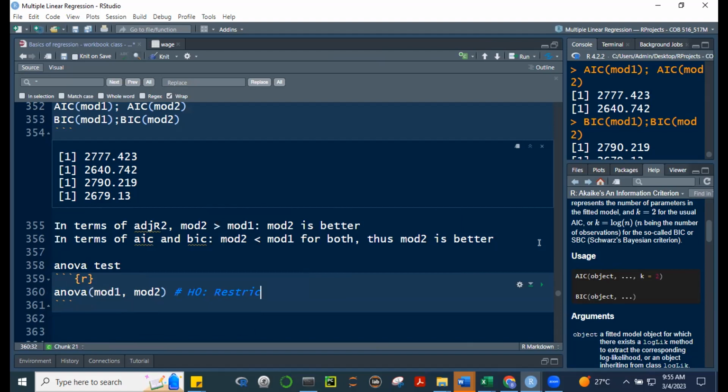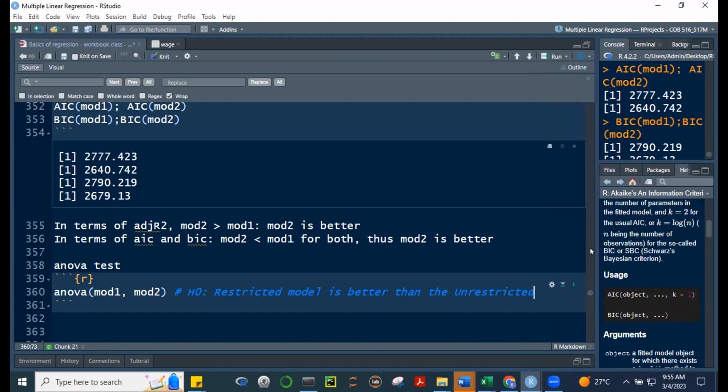The null hypothesis is that the restricted model is better than the unrestricted. What is the restricted model? The restricted model is the model that has the lesser number of predictors.